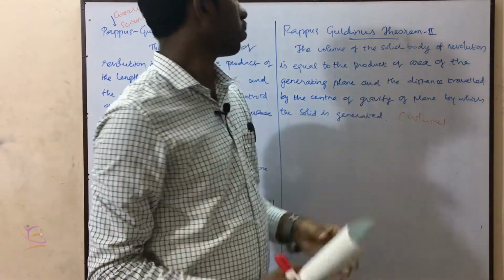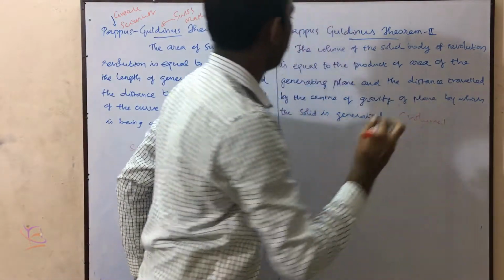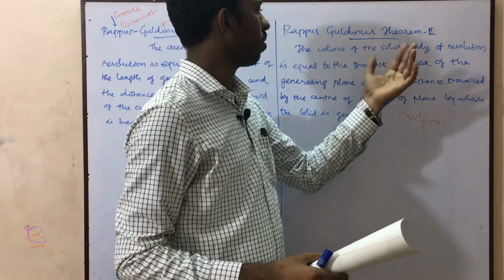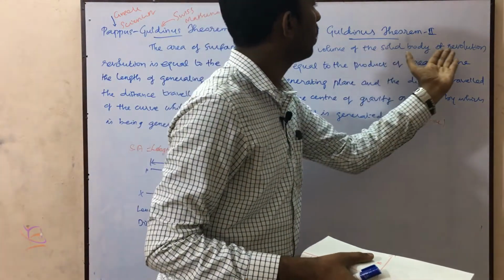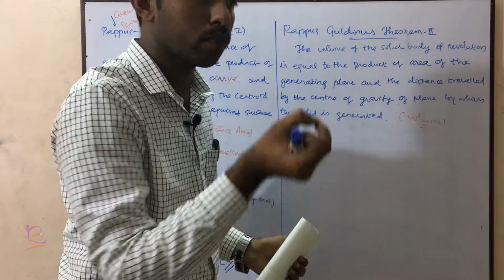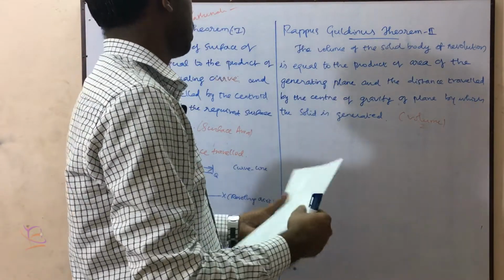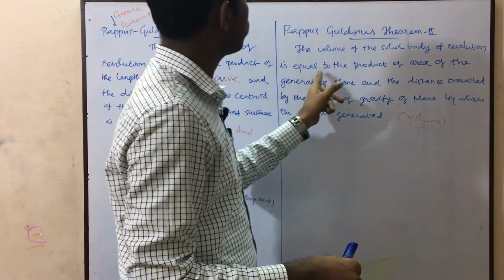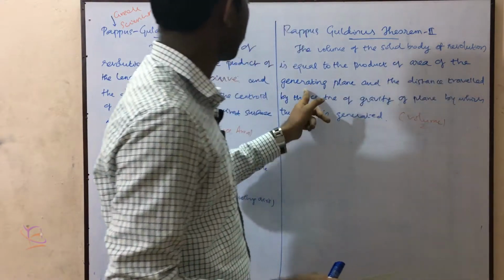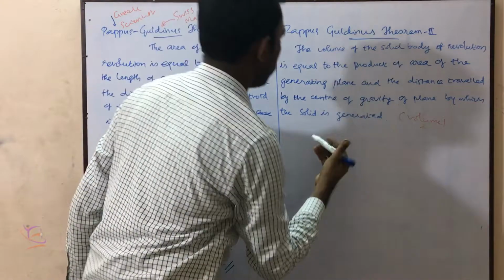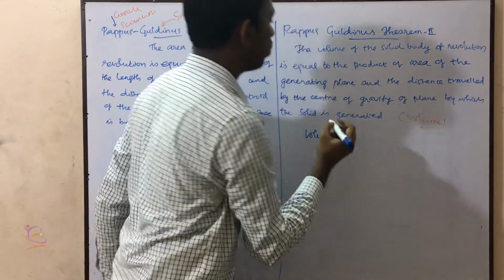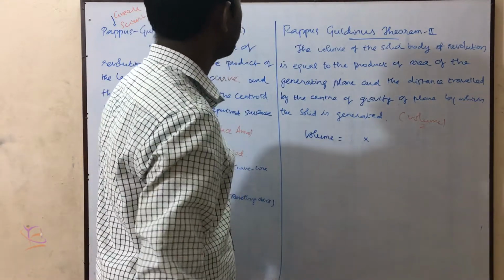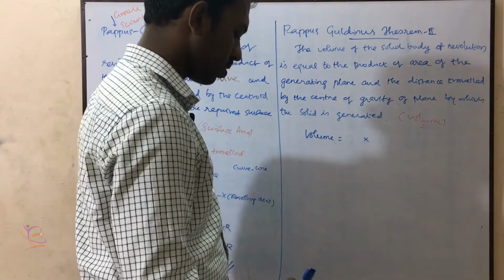We can move to the next one, Pappus-Guldinus theorem 2. This is purely for volume. The volume of a solid of revolution, if the solid body is produced by means of revolution, is equal to the product of the area of the generating plane and the distance travelled.